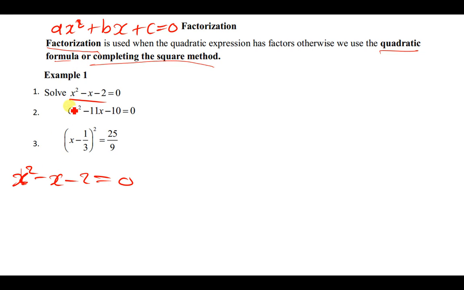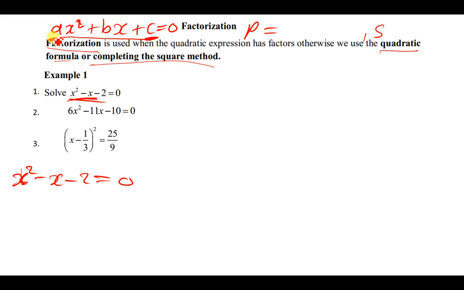If you are to factorize this, you first have to find the product and the sum. The product is gotten by multiplying two numbers. When you multiply two numbers, you get the product. When you add two numbers, you get the sum. So when getting the product of this function, you simply multiply the value of a and the value of c.